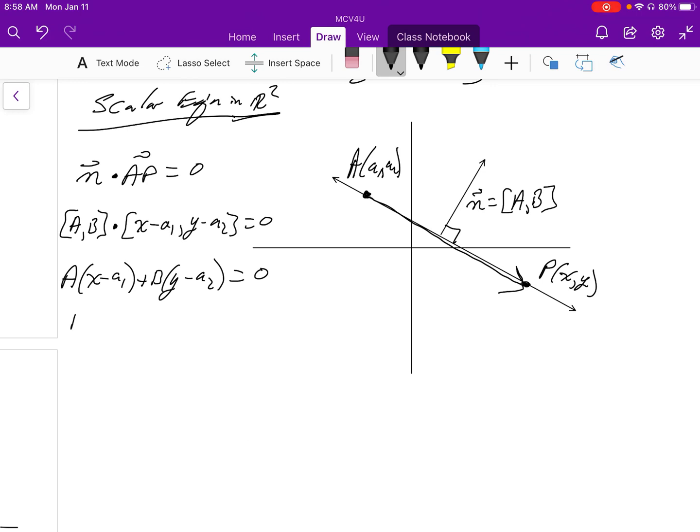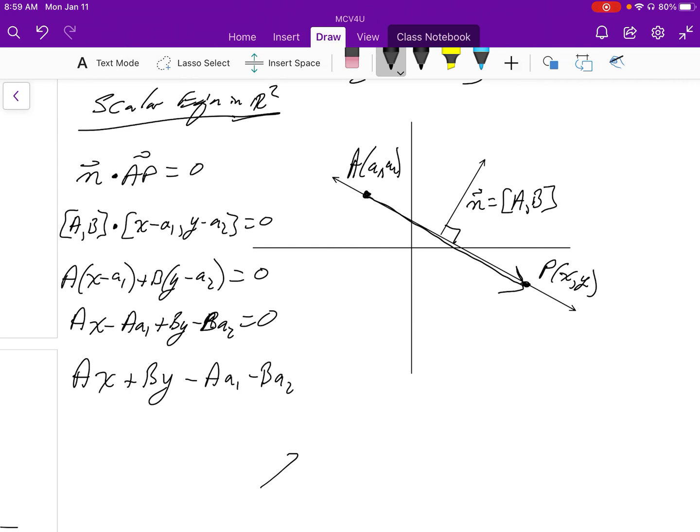Use the distributive property: AX minus AA1 plus BY minus BA2 equals 0. With a little rearranging, we have AX plus BY minus AA1 minus BA2 equals 0.